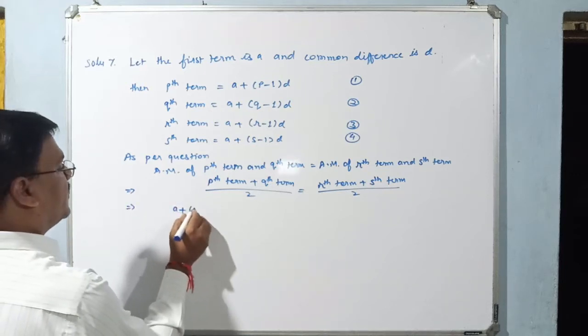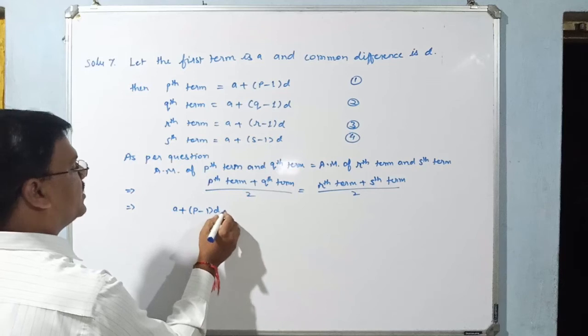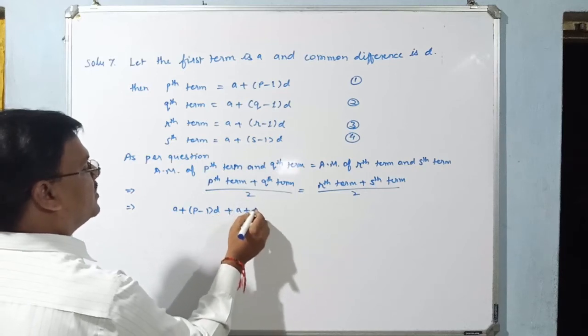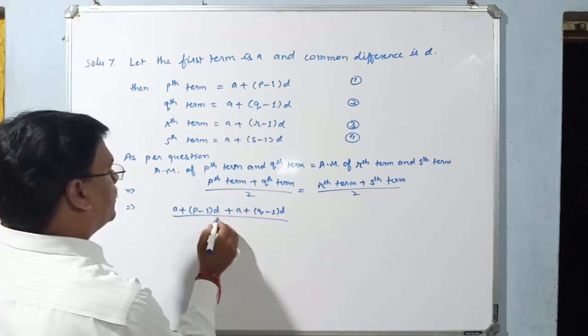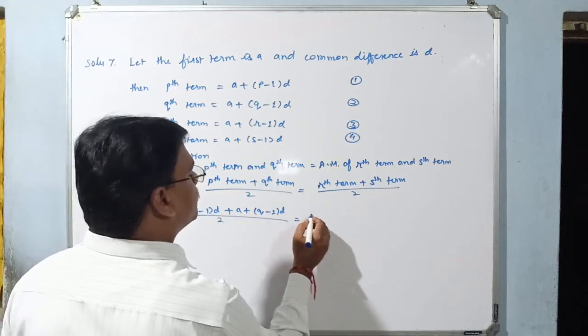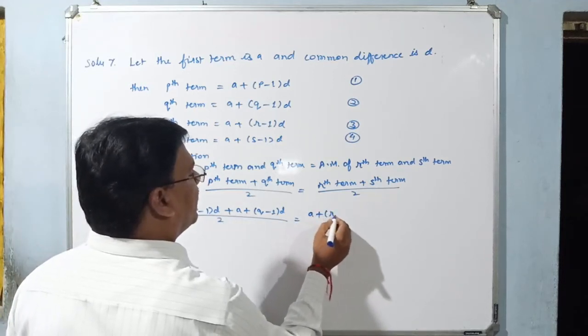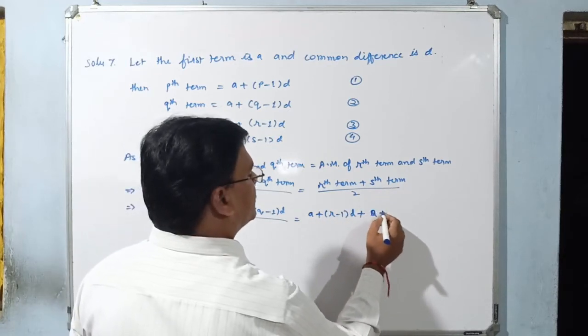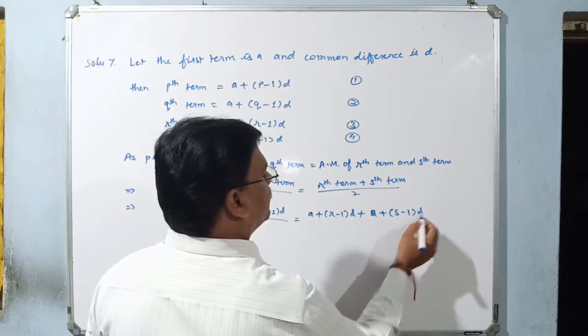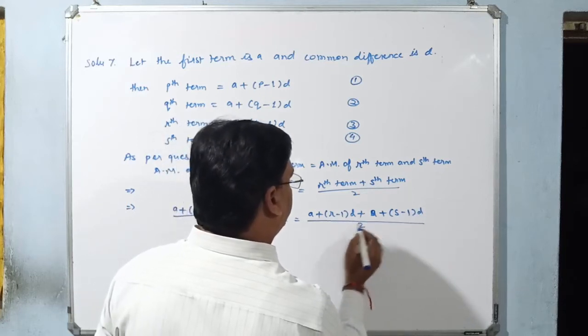a plus p minus 1 into d plus a plus q minus 1 into d upon 2 is equal to a plus r minus 1 into d plus a plus s minus 1 into d upon 2.